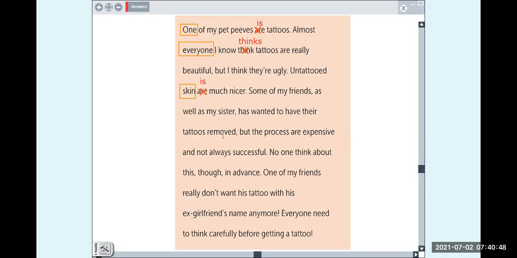Some of my friends, as well as my sister, has wanted to have their tattoos removed, but the process are expensive and not always successful. Anything here? Teacher, it should be have. Okay, why? Because some of my friends is a collective, and it must be in plural.